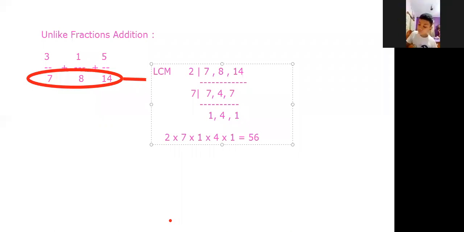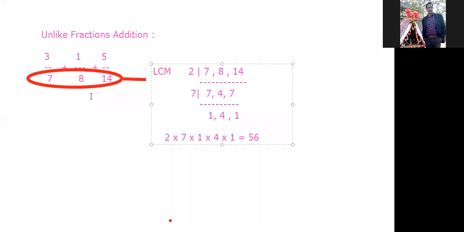This is going to be the LCM: 2 into 7, and then the other results 1 into 4 into 1. So 7 times 2 is 14, and 14 times 4 is 56. The result is 56. So the LCM becomes 56.